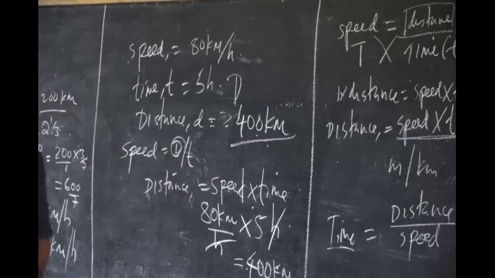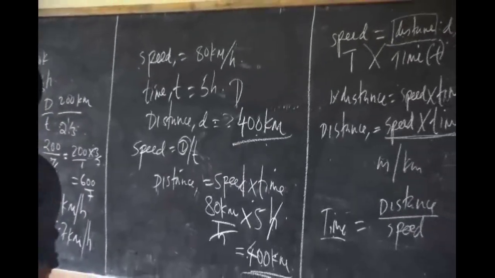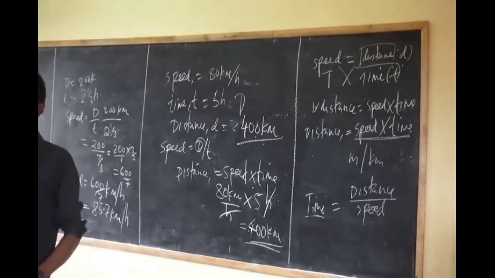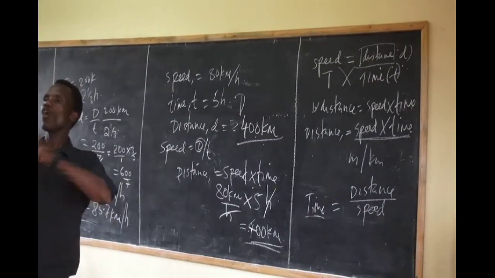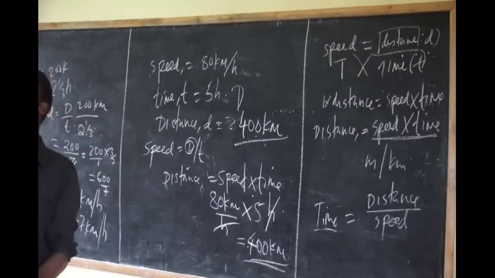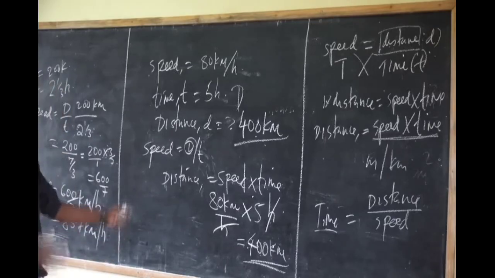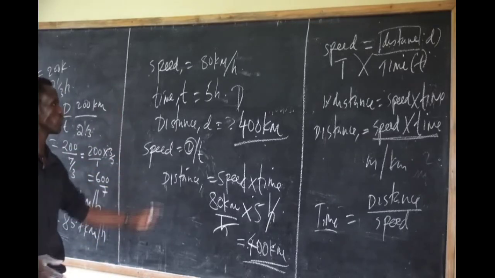And therefore, when solving this question, it is very important for you to understand what are the requirements and what are the needs for the formula, what is there in the question, and what is the problem of the question. And therefore, by concluding, you can make time as a subject, and you can make even distance as a subject of the formula, so as you can possibly find out what you require.